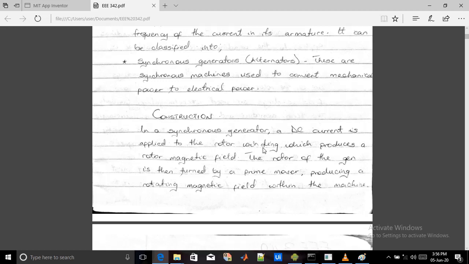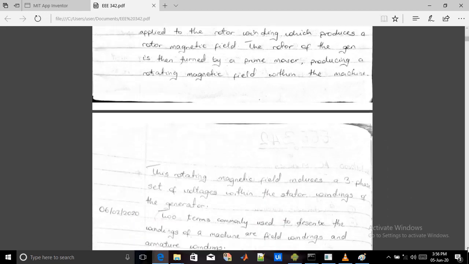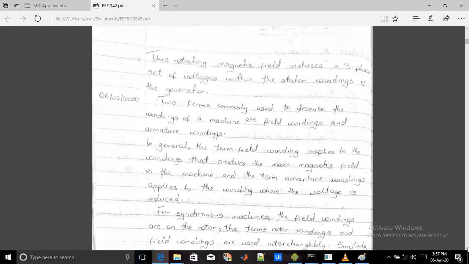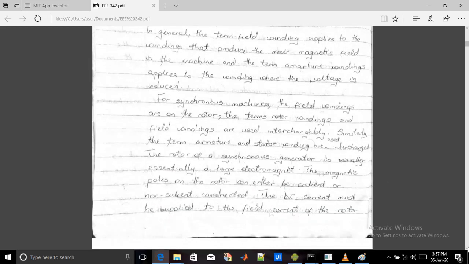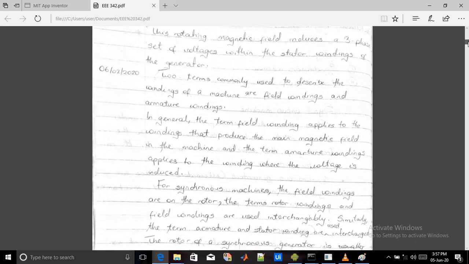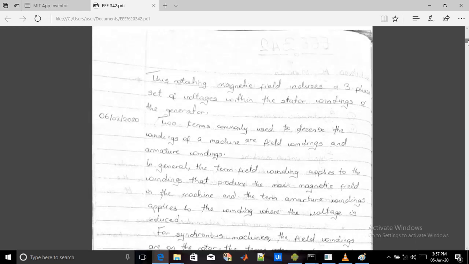So now, let me point to a statement here. It states that the rotor of a synchronous generator is essentially a large electromagnet. So what is an electromagnet? An electromagnet is a material that becomes magnetic when electric current is passed through it.